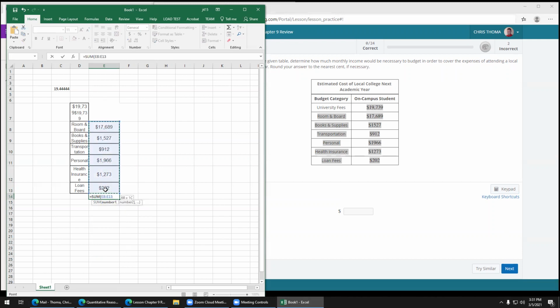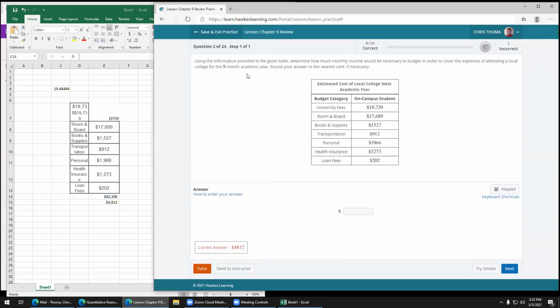Oh, we got to fix that top one. So we'll fix that. So this is 19,739. We'll also start with E7. There we go. And then we just divide that by the 9 months because that's how long they wanted it. And you can see the correct answer is 4812.